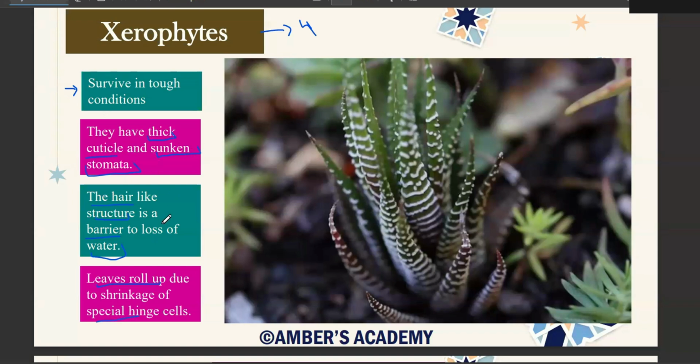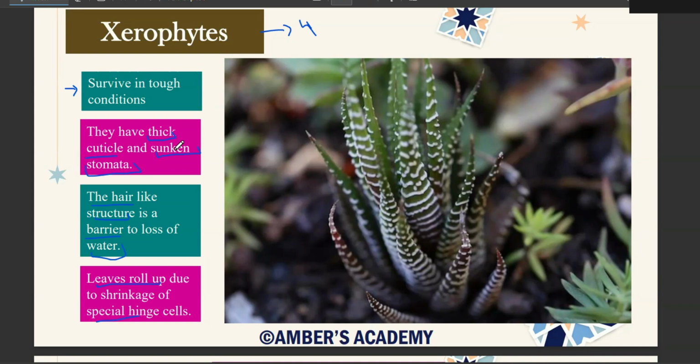These are your keywords that you need to mention for a 4 mark question on xerophytes: it can survive in tough conditions and it is adapted to survive in tough conditions because it has a thick cuticle, it has sunken stomata, then it has hair-like structures which prevent the loss of water, and the leaves of such xerophytes roll up. And why do they roll up? They roll up due to shrinkage of special hinge cells.